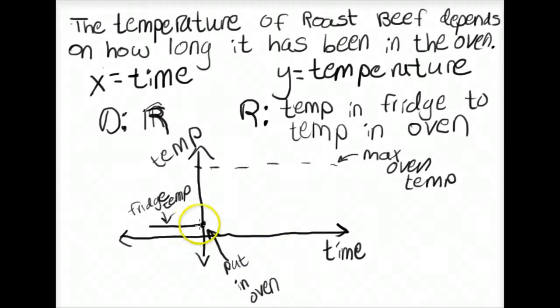So we can tell that this is already going to be an asymptote. The temperature is going to be increasing first more rapidly and then slowly level out until it reaches close to that maximum oven temperature, though it actually will never reach it. So we're going to call this an asymptote.